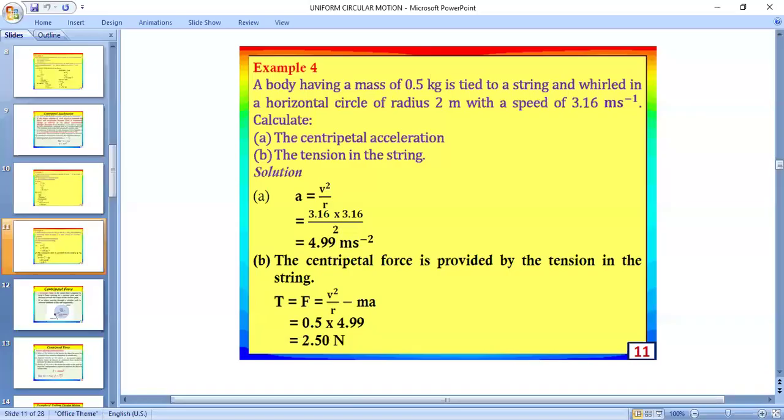The centripetal force is the one that keeps it moving in that circle. If it's not there, then the body will not be able to move in that circular path. So it actually pushes it towards the center of the circle.